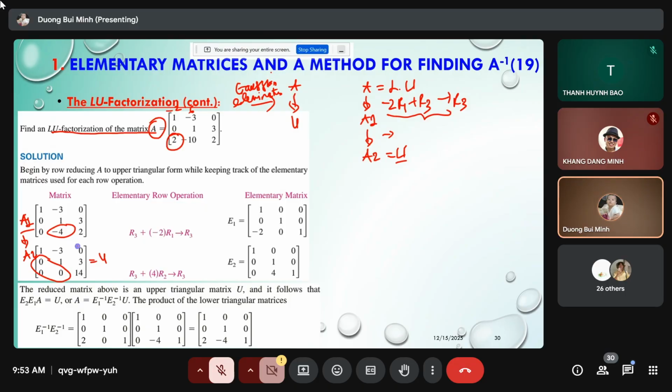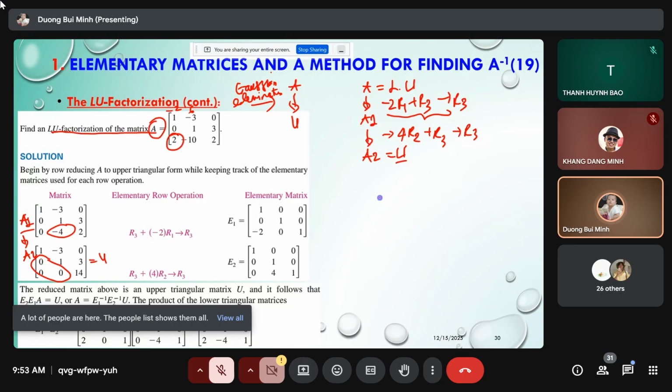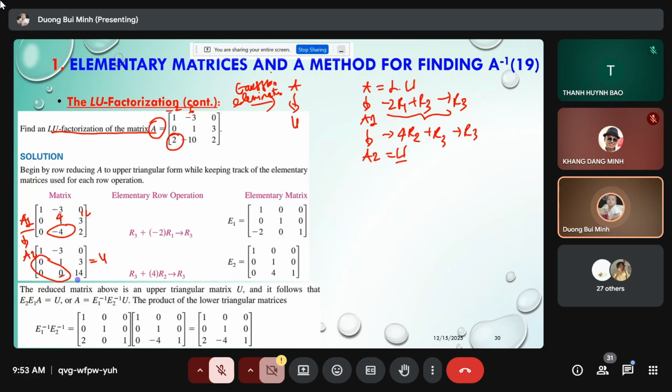So to let this one become 0, we times 4 with R2 plus R3 related to R3. Here this is 4, this is 12. So 4 plus minus 4, you get 0, and 12 plus 2, you get 14.